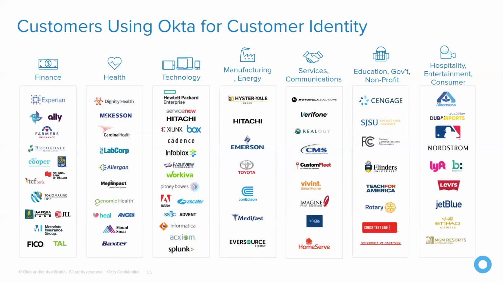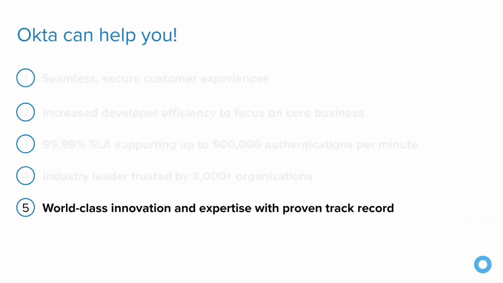And here you can see on this slide that we have customers across every industry. This is what allows us to feel very confident about helping you have a reliable service at scale, but also deploying your solutions successfully, because this is the way we want to partner with our customers. And this is what we've done with more than 8,000 customers worldwide.